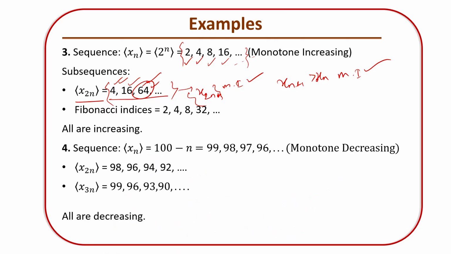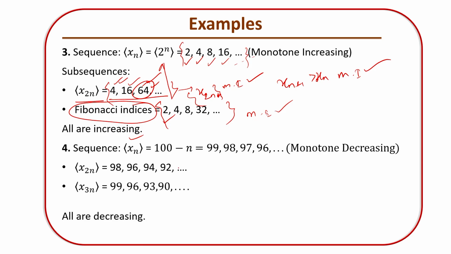That was the Fibonacci sequence. So for this sequence, if you take the indices as Fibonacci numbers, the terms will become 2, 4, 8, 32, and all these terms are increasing. So this is a monotonic increasing subsequence.